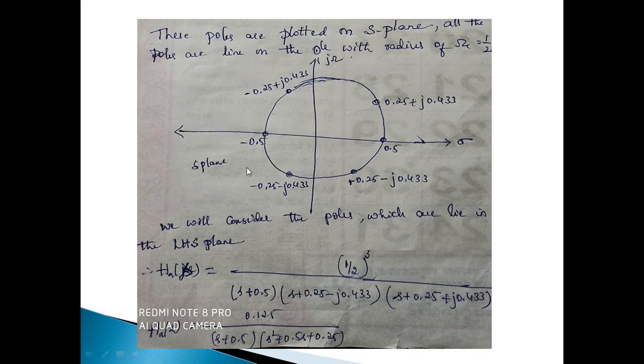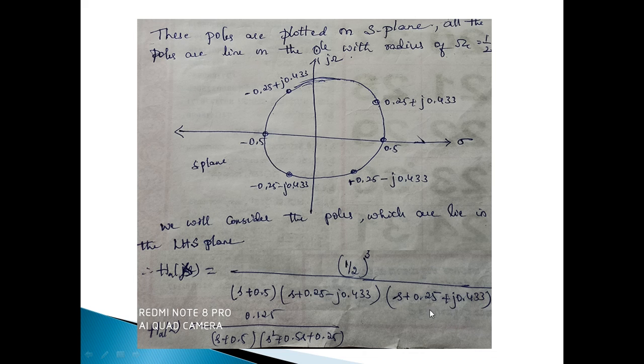So H A of S is nothing but omega c whole power n divided by (S minus S1) into (S minus S2) into (S minus S3). It will continue till the nth term. So here we have omega c value 1 by 2, where n value is 3, so (1 by 2) whole power 3, divided by S plus S1 value is 0.5, and S2 value is S plus 0.25 minus j 0.433, and S3 value is S plus 0.25 plus j 0.433.